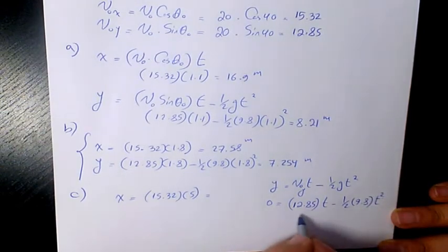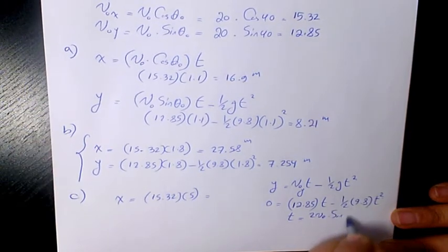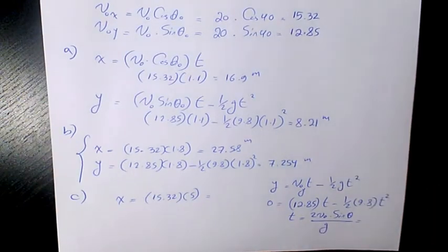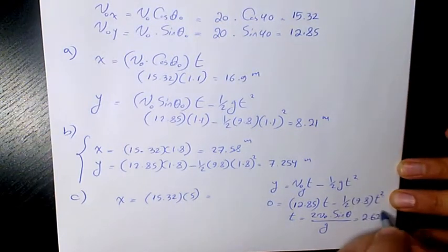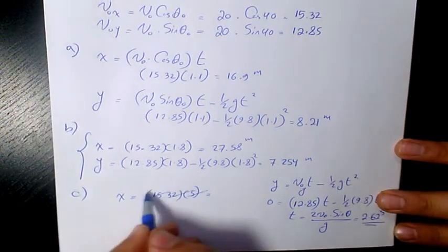So we will have t equals 2 times v naught times sine theta divided by g. That will be 2 times 12.85 divided by 9.8, which is 2.62 seconds. So it means that it doesn't take 5 seconds.